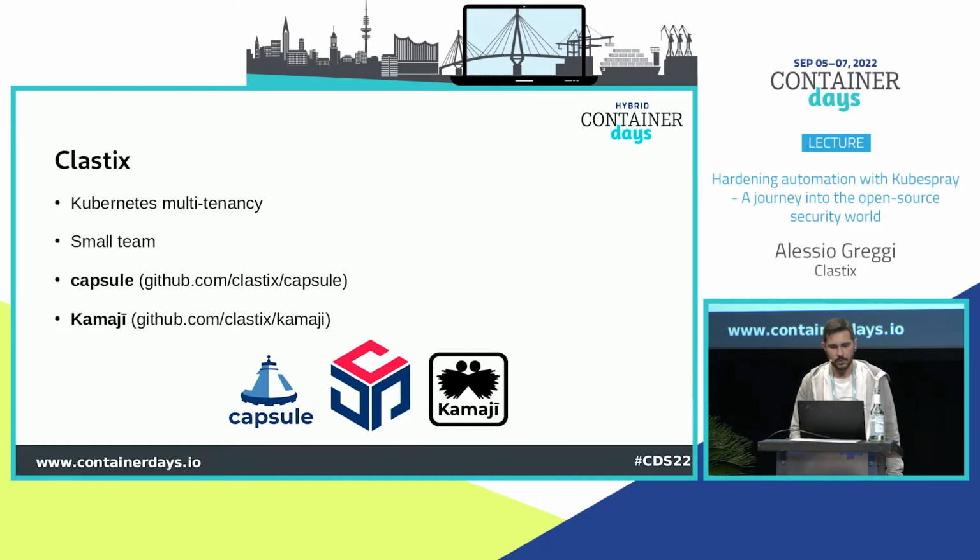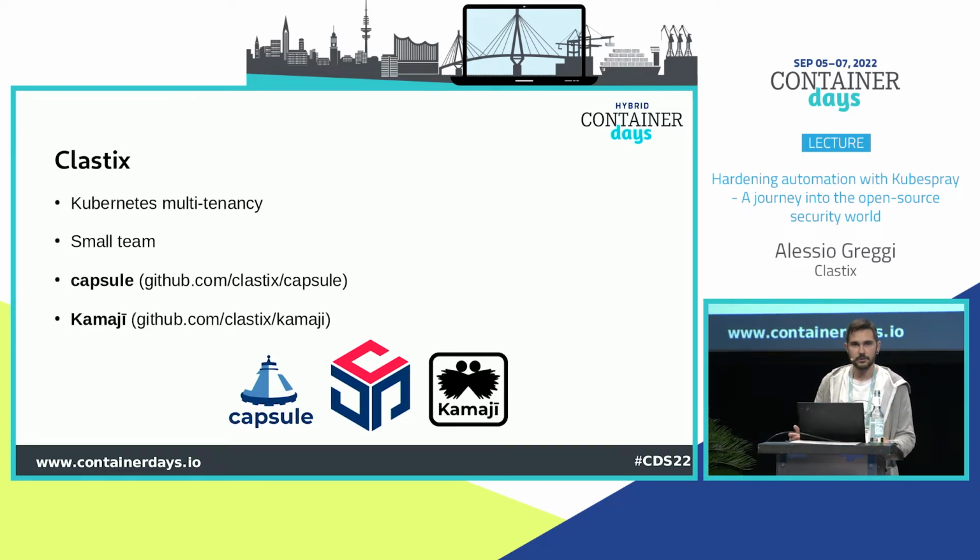This is the reason why we developed a couple of Kubernetes operators to manage multi-tenancy in a soft and a hard way. Using Capsule, you can essentially provide a namespace as a service. Instead, with Kamaji, which is the hard approach, you can provide a control plane as a service.